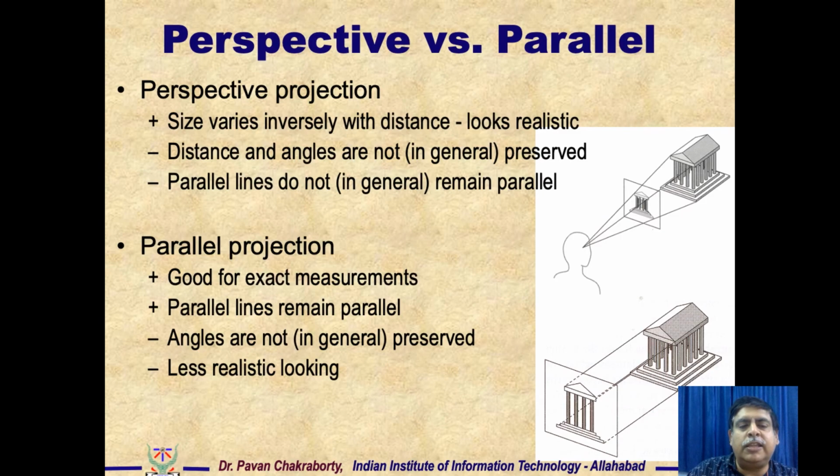Parallel projection, on the other hand, is good for exact measurements. That is why you use it for construction of buildings or mechanical structures. Parallel lines remain parallel. Angles are not in general preserved, and it is less realistic looking.